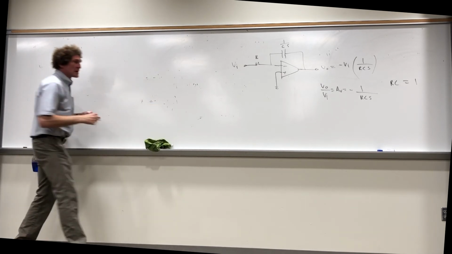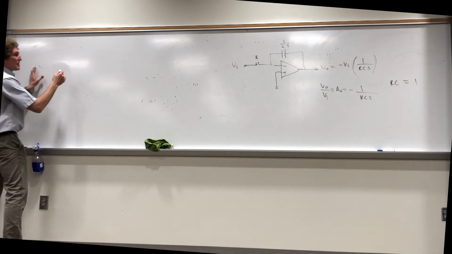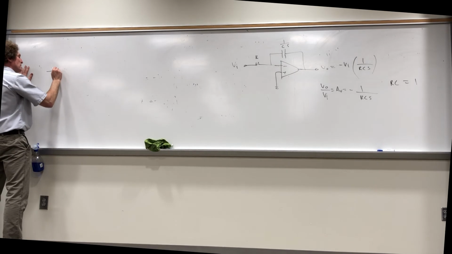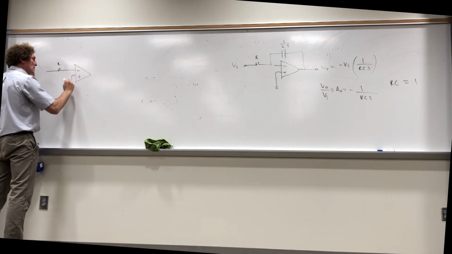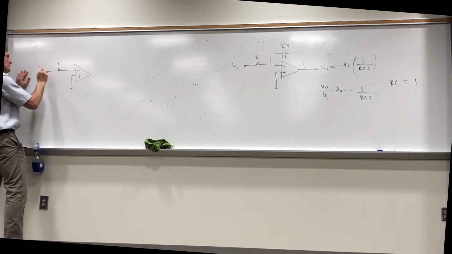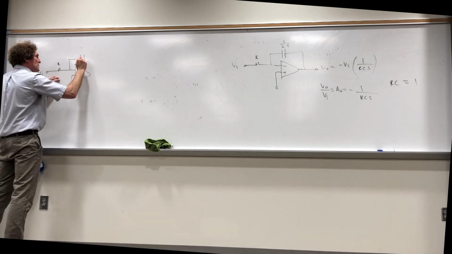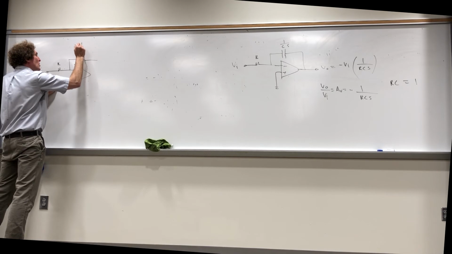I'm going to do some problems, but I got to take you through this. So now if I take this and I have some R, Vn, this is C, or 1 over CS, or SC here.